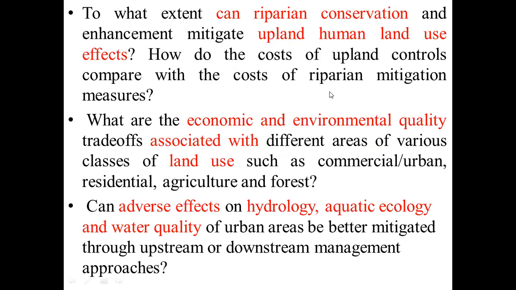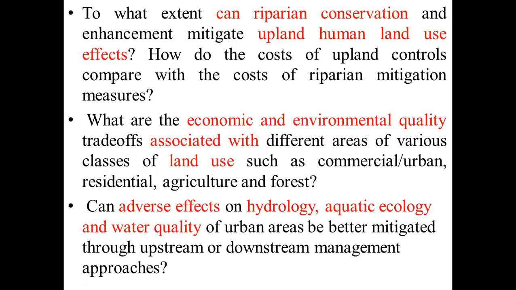Riparian area is the area next to the water body. If there is a water body, in what best way can we use the land next to this water body is of concern. That's called the riparian system or riparian conservation.